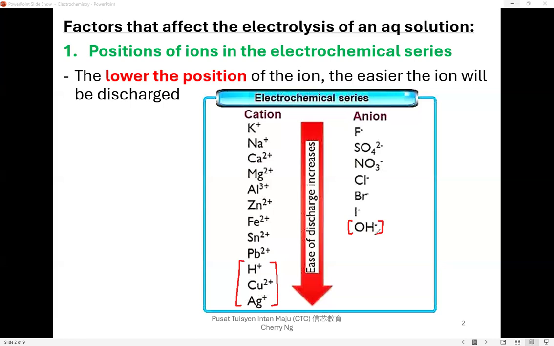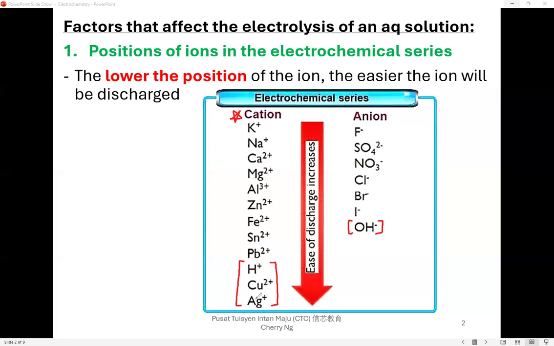So what is this? The lower the position of the ion, the easier the ion will be discharged. This happens on the cations all the time. So no matter what, for cations, we will always choose the one at the bottom, which is hydrogen, copper, silver.